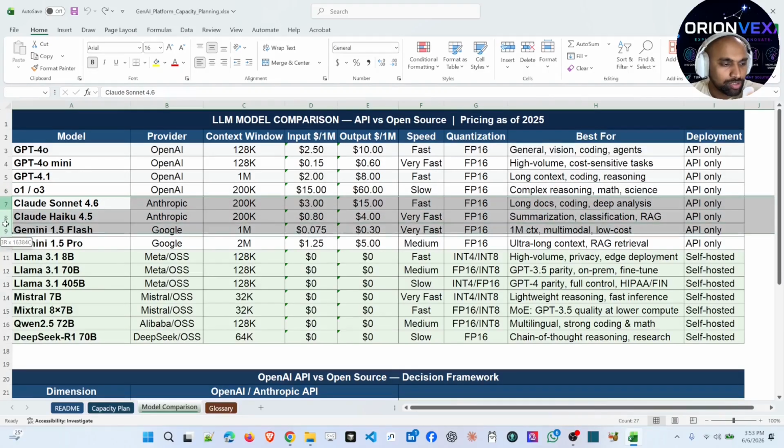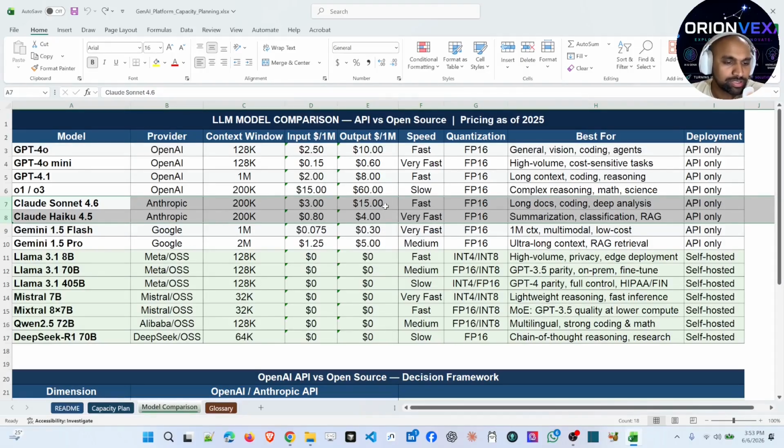Next, come to the few models from Claude. Two models from Claude, that is Claude Sonnet 4.6 and Haiku 4.5. This is from Anthropic. Context window is 200K only. Input token cost is $3 per 1 million tokens for Sonnet 4.6, way less for Haiku 4.5, that is 0.80 per 1 million tokens. Whereas the output is way higher.